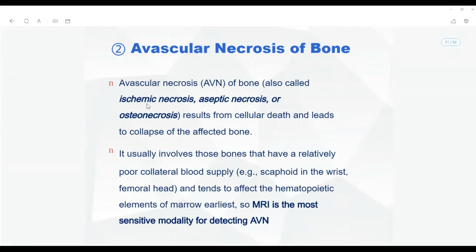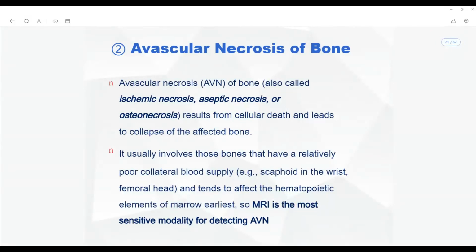When we are particularly looking at the femoral head, or when we are trying to look at the scaphoid, the scaphoid actually has its blood circulation from distal to the proximal regions. So now let us say in the distal regions, if the blood flow is obstructed, don't you think that the proximal region will have its effect of ischemia?